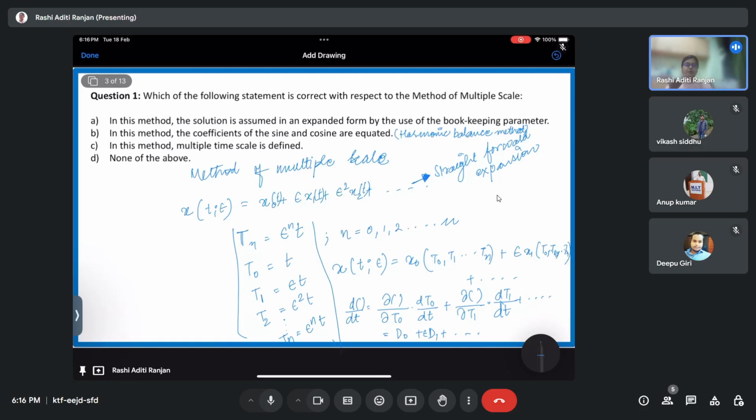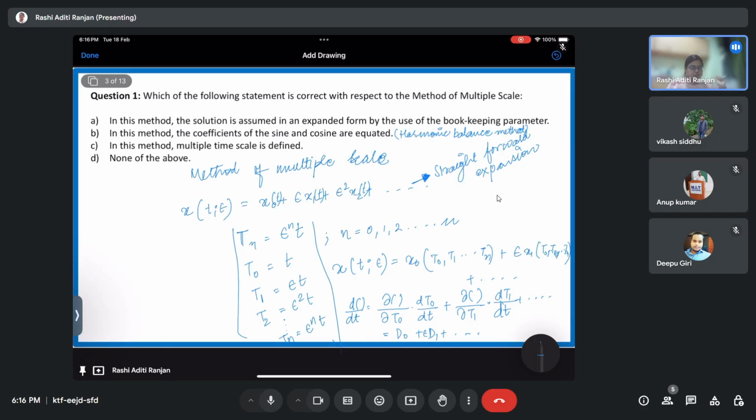But then the harmonic balance method is only going to give me the solution for the steady state case, and only if my steady state solution is of the sinusoidal form or it can be written in the form of a Fourier series. Okay, so this is also incorrect for our question. This is actually what is true for the harmonic balance method.